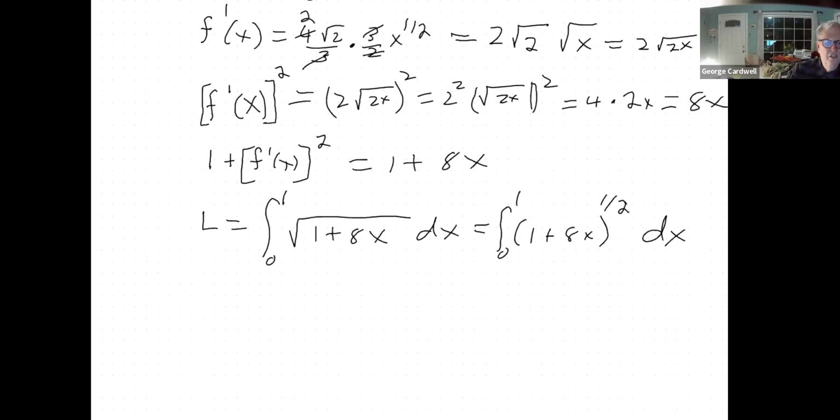So what's the antiderivative here for this definite integral? How do I integrate 1 plus 8x to the 1/2 dx? Anybody want to? What would you get?